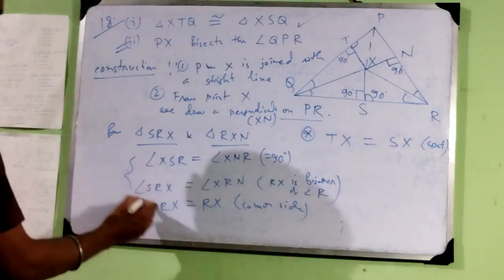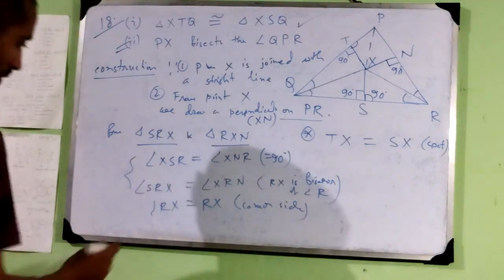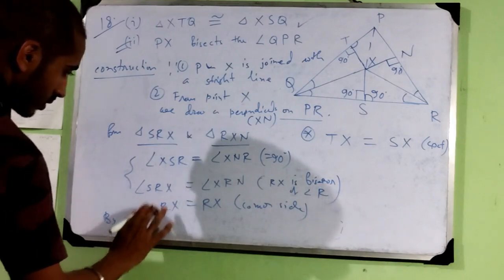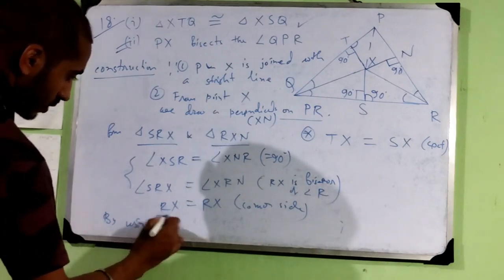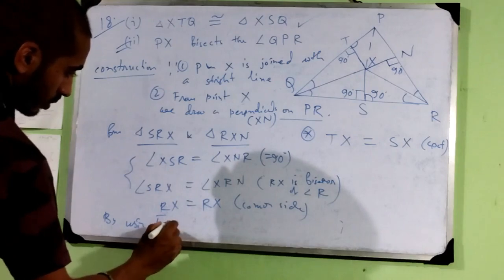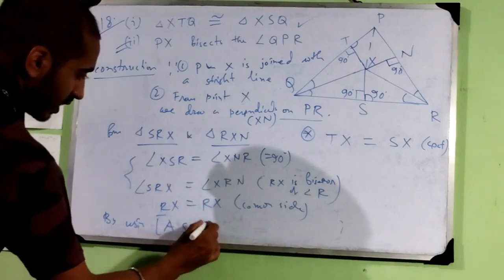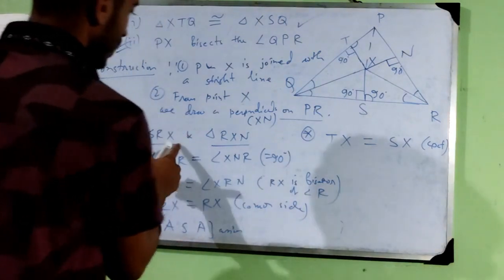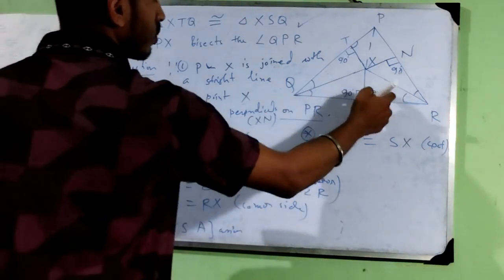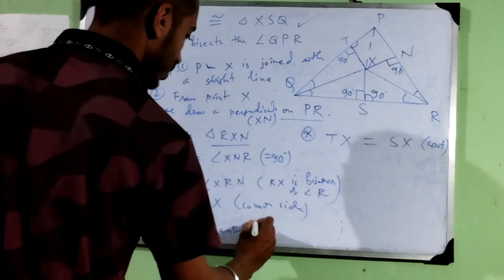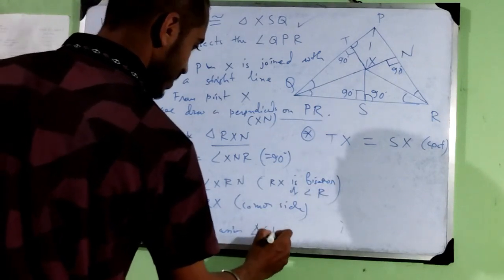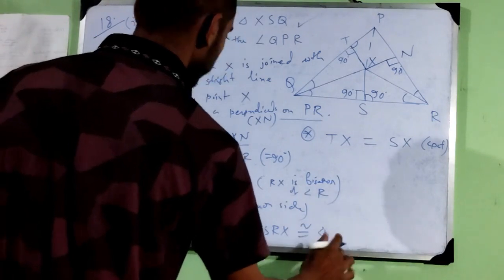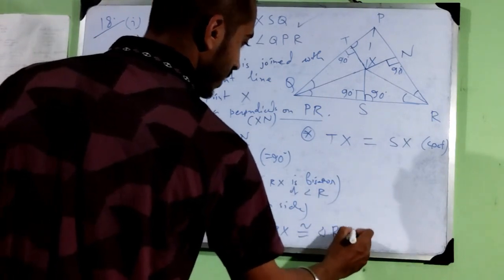So two angles and one side. By using the angle side angle axiom, we can write these two triangles are congruent to each other. So triangle SRX is congruent with triangle RXN.